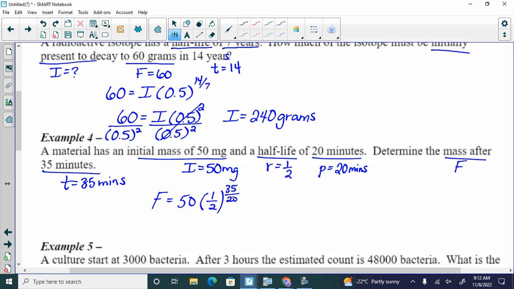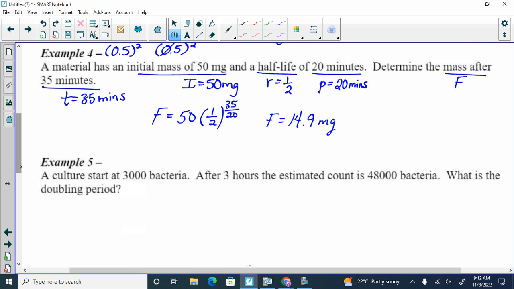And you get 14.9 milligrams, or 15 milligrams if you went with that, because honestly, it doesn't say what to round to. So if you picked 15 or you picked 14.9 or you picked 14.87, you're right.